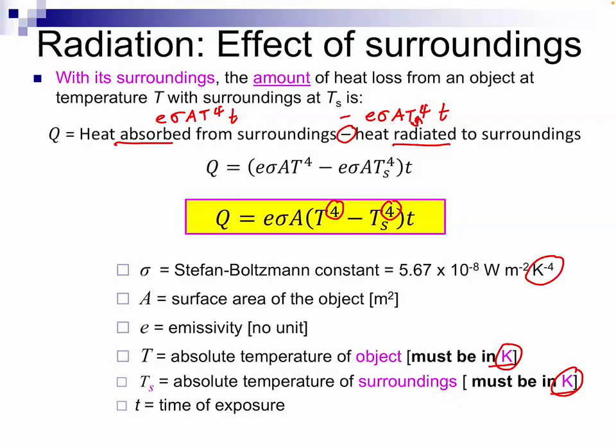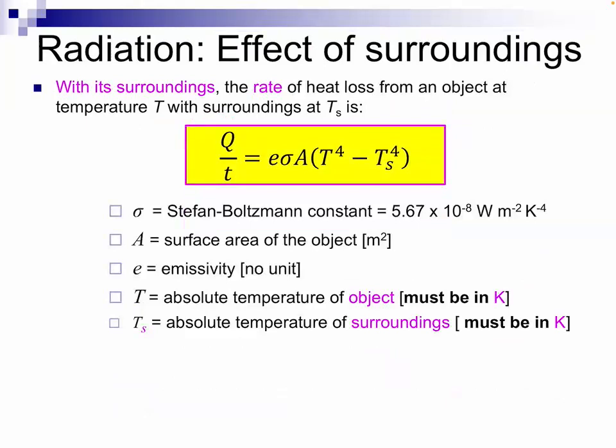Okay, so any questions so far for this equation? Then let's look at an example of how we apply this. Oh yeah, before the example, again, just as usual, if you want to find the rate, then that's the amount of heat divided by the time.